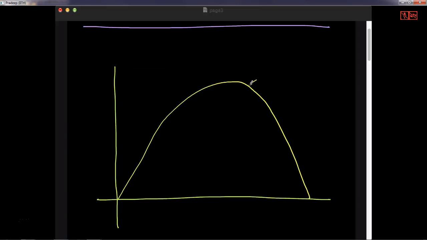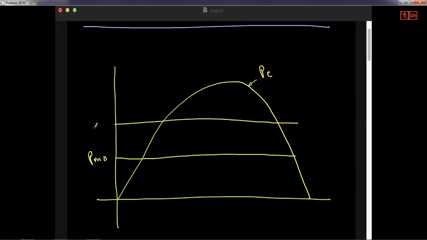This is my electrical power Pe, and then I want to show my initial condition. This is Pm naught and this is Pm1.